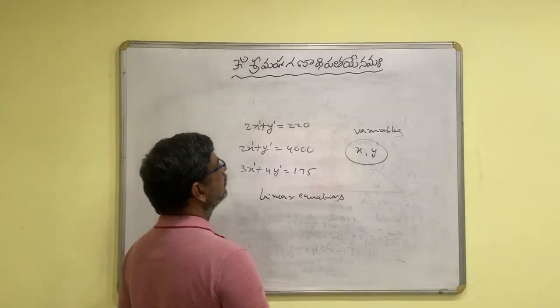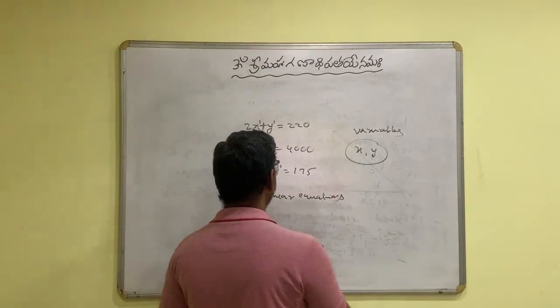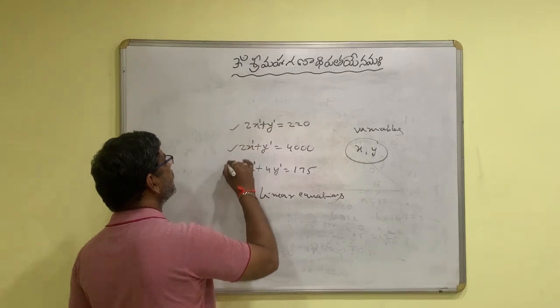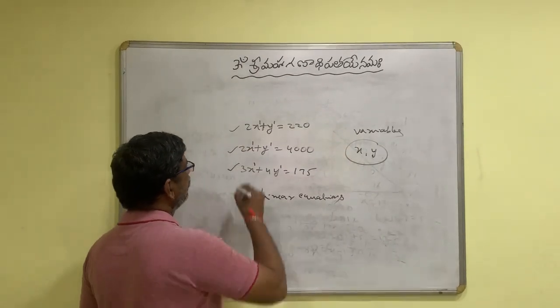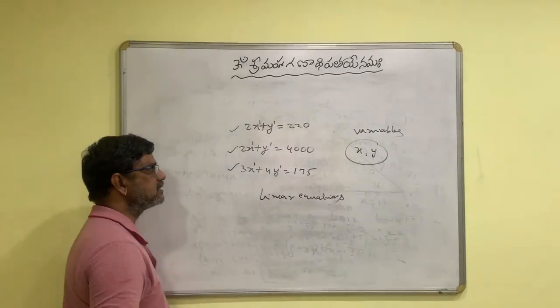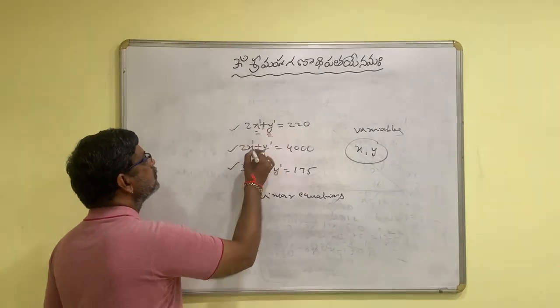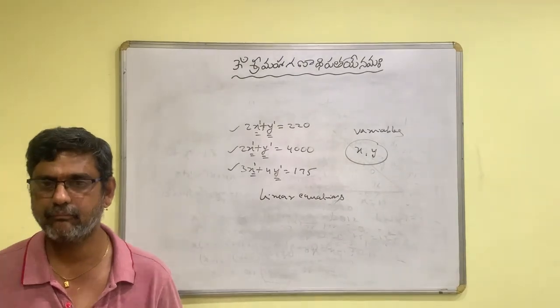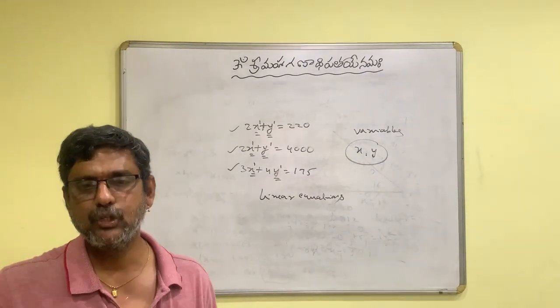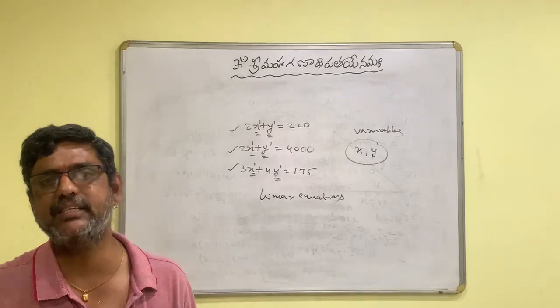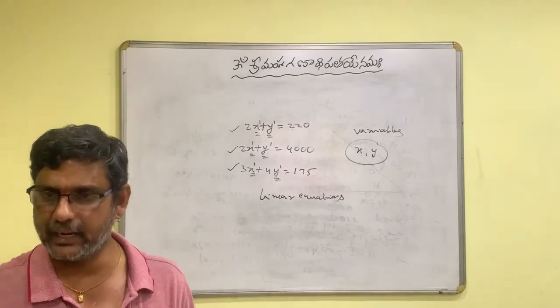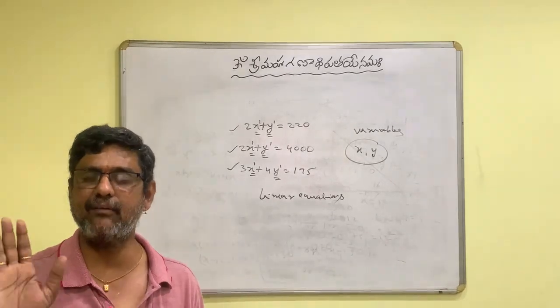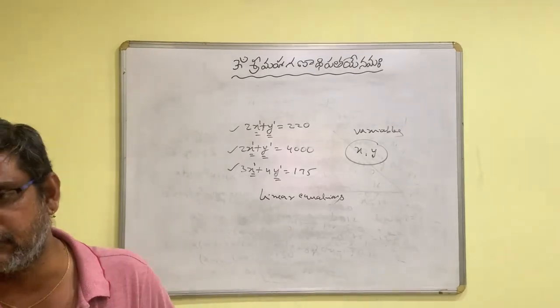So these three are linear equations, and they have two variables in each and every equation. They are linear, and moreover they have two variables in each one.